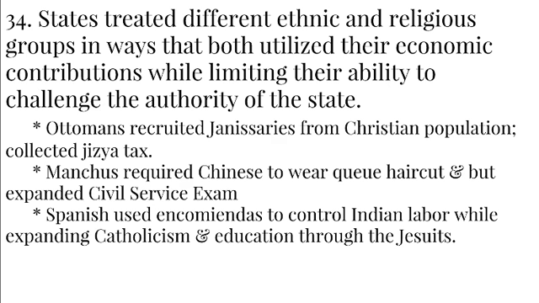So you get money from them through the jizya tax. You get service from your minority groups with the Janissary Corps, but you keep them under enough control and you keep them happy enough by offering religious tolerance that they won't rise up against you. So the Ottomans figured out this issue.